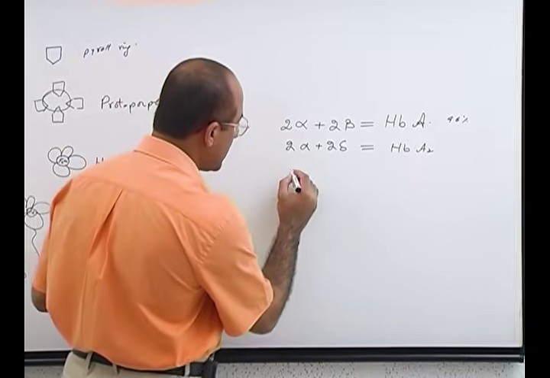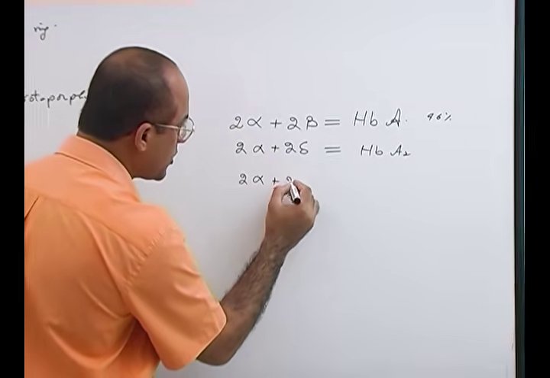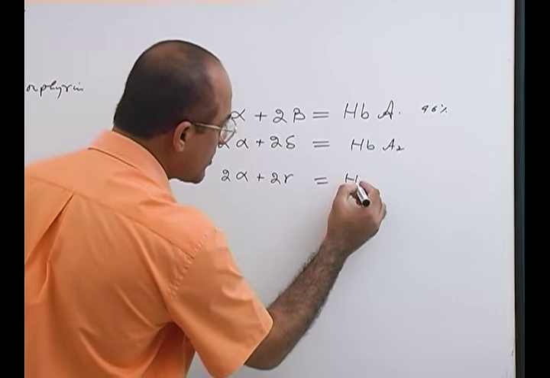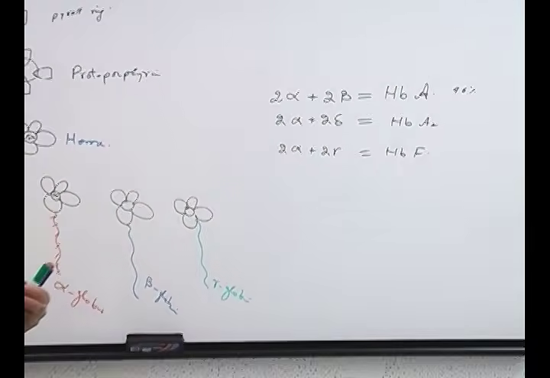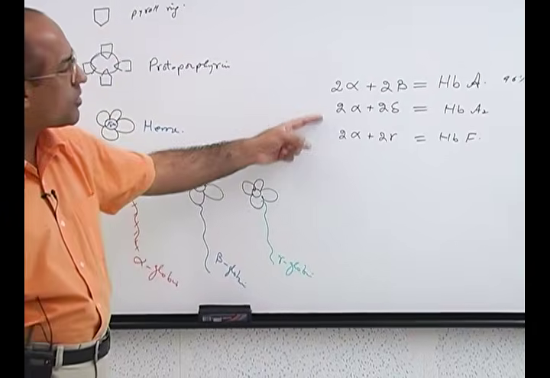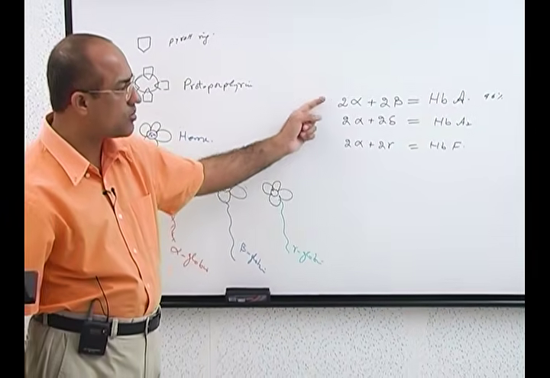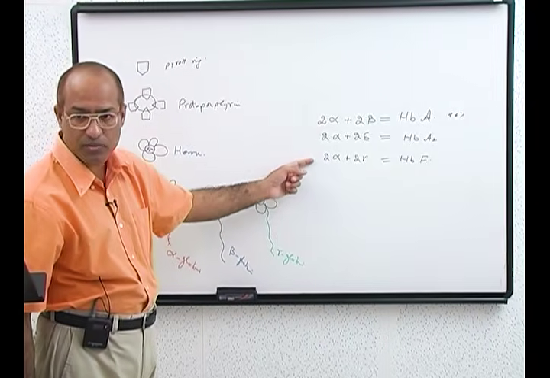Then in the fetus, usually two alpha chains are combined with two gamma chains, and that is called fetal hemoglobin, hemoglobin F. Is that right? So what we understand is that alpha chains are present in all hemoglobins: adult hemoglobin, A2 hemoglobin or F hemoglobin.